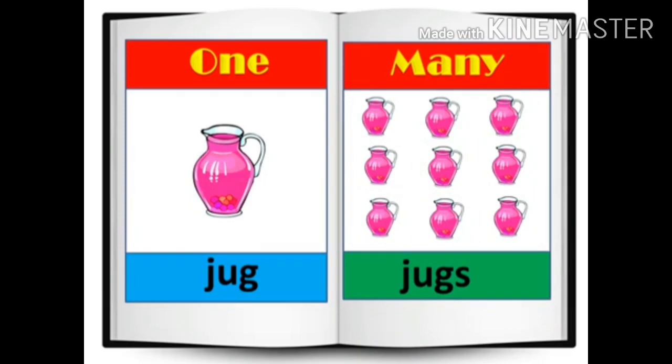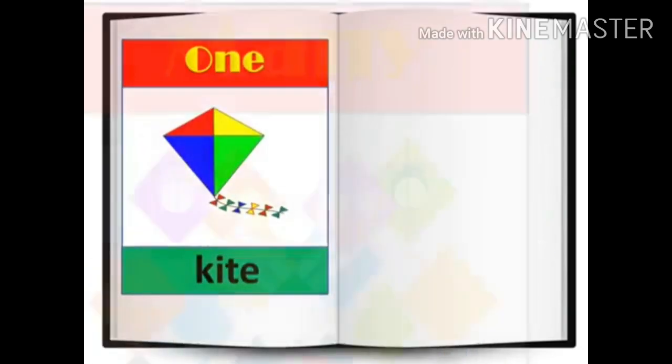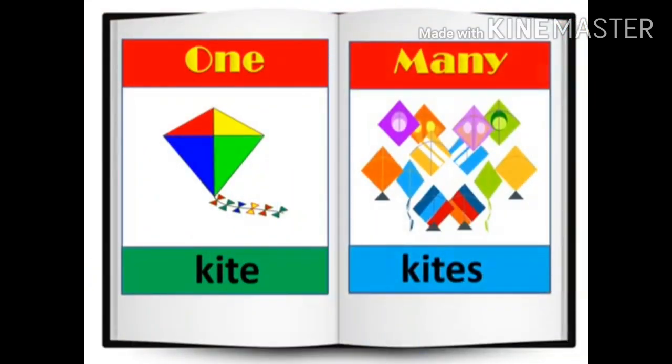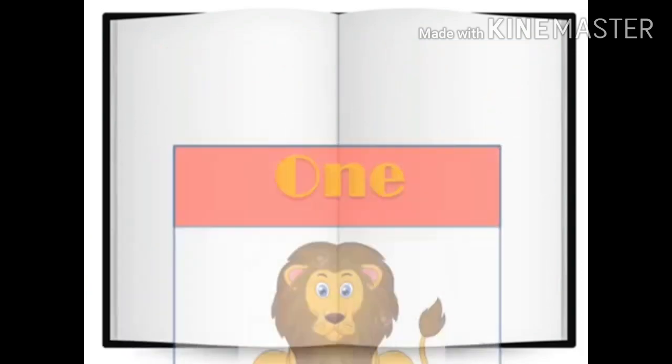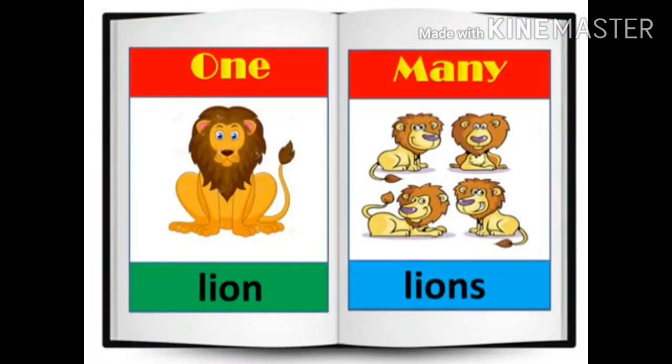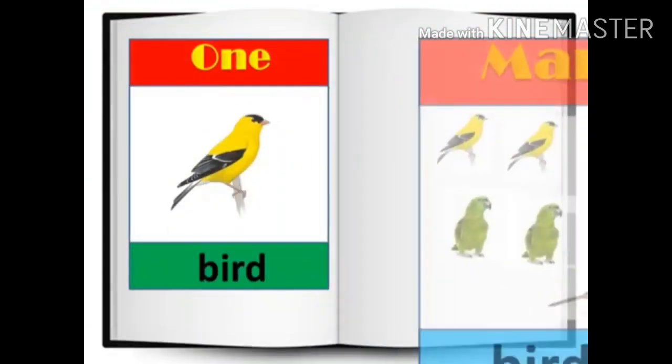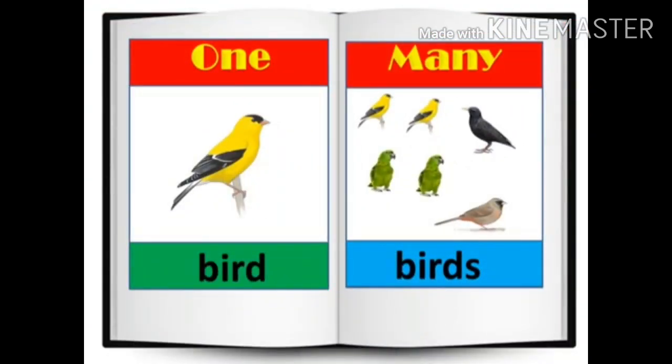One jug, many jugs. One kite, many kites. One lion, many lions. One bird, many birds.